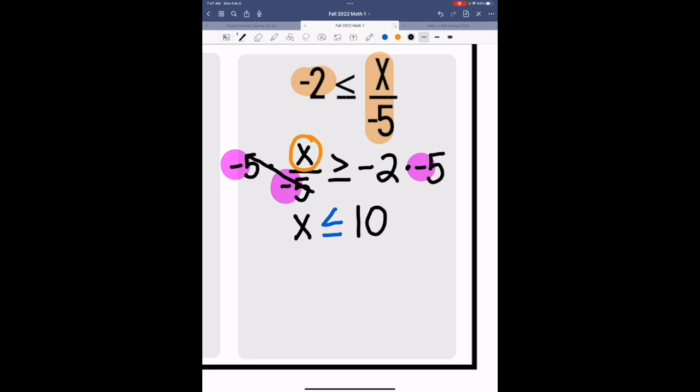So this was greater than or equal to, and because we multiplied by a negative, it's now going to be less than or equal to. So if we were to look at this on a number line, x is 10. We're going to put a solid dot because it's equal to, and less than is going to be shaded to the left.